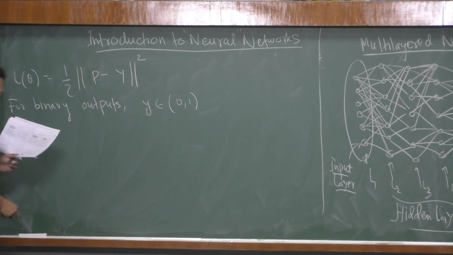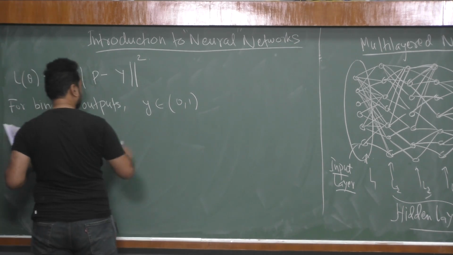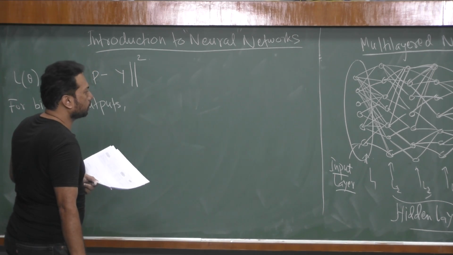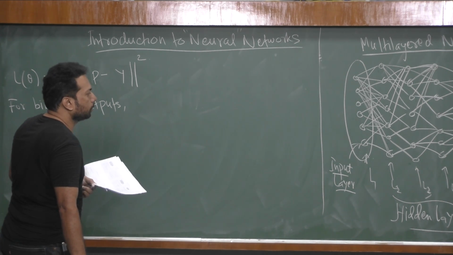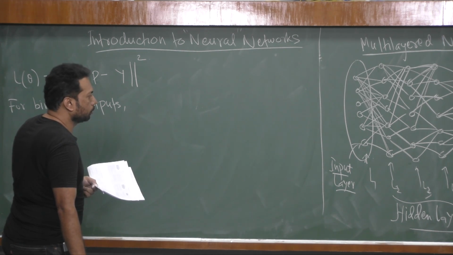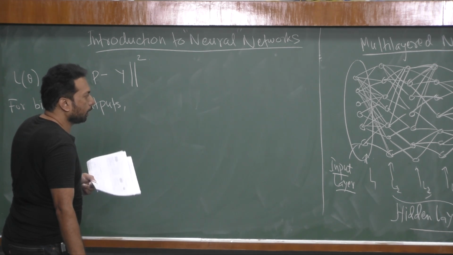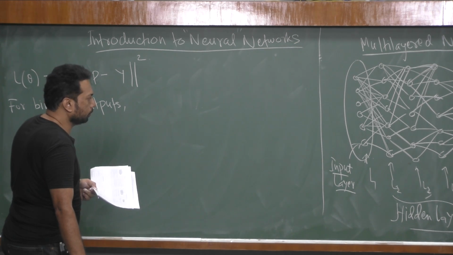For a binary output, p will be just one output, p1, and we compare it with y1, which is either 0 or 1. Since p is coming from the last activation, let us say sigmoid, it will be some probability value between 0 and 1.